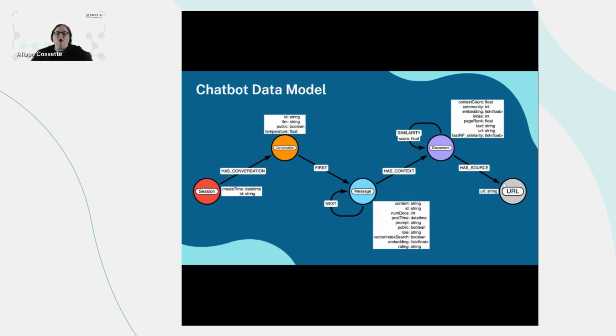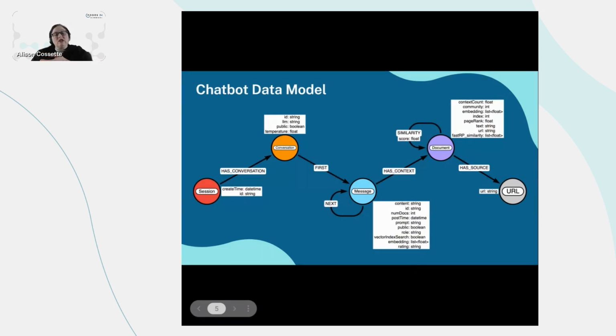So as I mentioned, over here on the right, we have the URL, which is the original source for the document. We have the document, in this case, I mean chunk. So we have the chunk of that document. And then on the left-hand side, we're going to see the nodes that are related to the application itself. One thing that we're going to see is you've got the session all the way on the left, which is for the user.